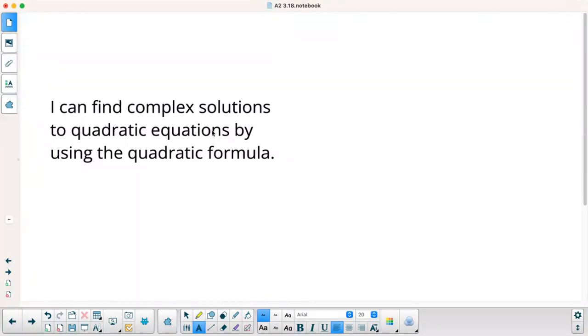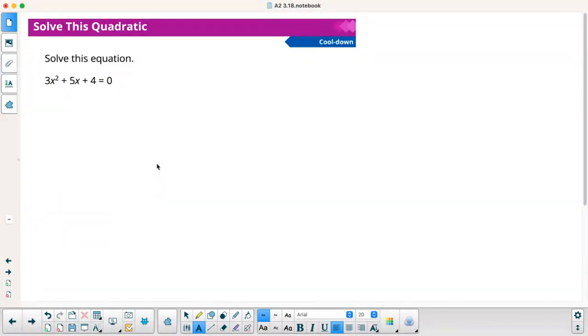All right, so goal, I can find complex solutions to quadratic equations by using the quadratic formula. So last one here, let's solve this. So I'm going to use quadratic formula because a is not equal to 1.